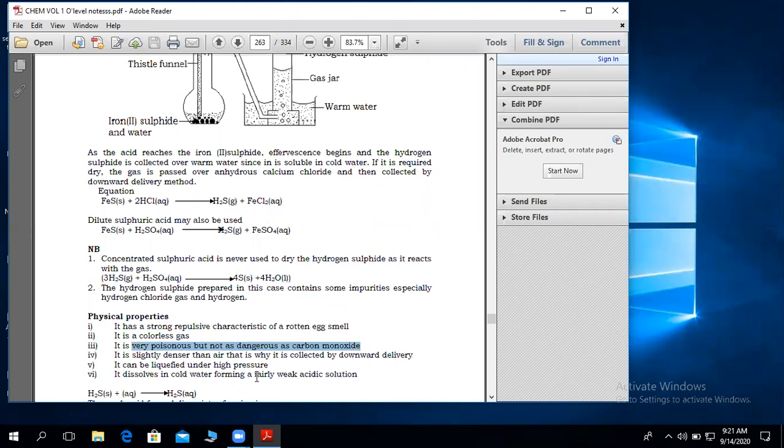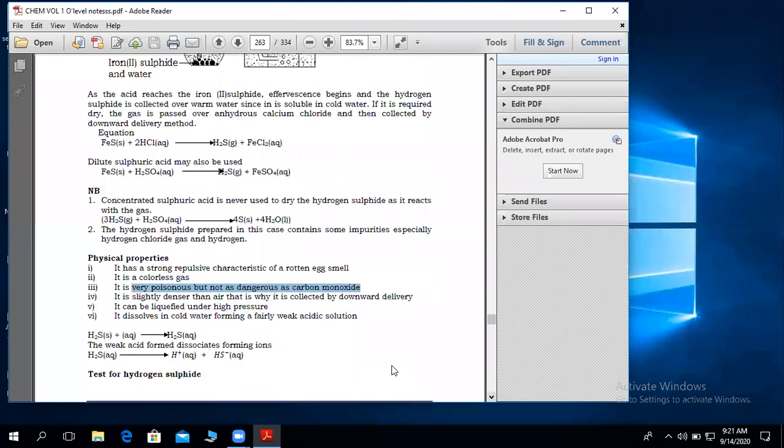It's slightly denser than air, and that is why it is collected by downward delivery. So these physical properties, easy for you. It dissolves in water, forming a fairly weak acidic solution, and the equations are here. So the solution of hydrogen sulfide, when it is dissolved in water, is acidic.